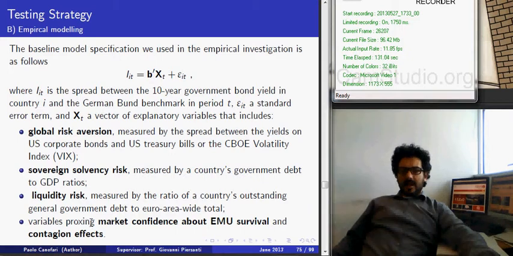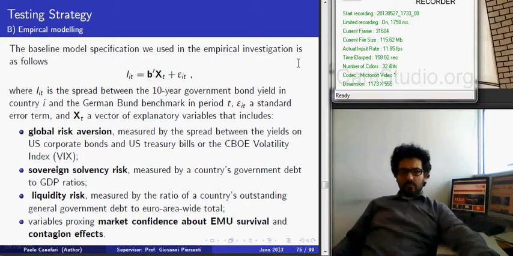For liquidity risk, we have used the ratio between the government debt of country i at time t and the euro area wide total, using the total euro area 27 countries debt, in order to assess the liquidity of the debt.